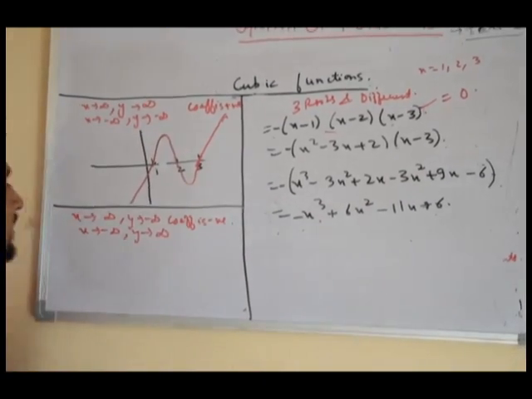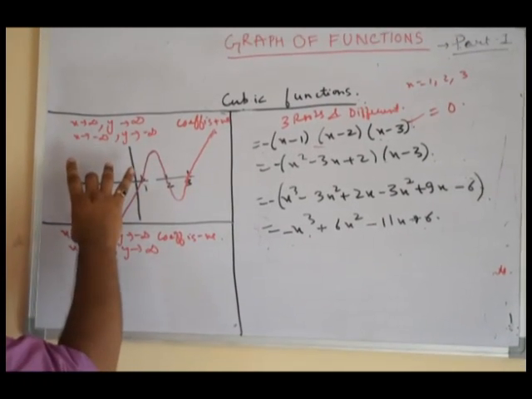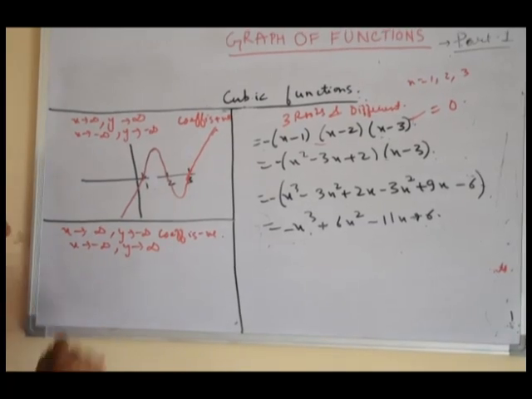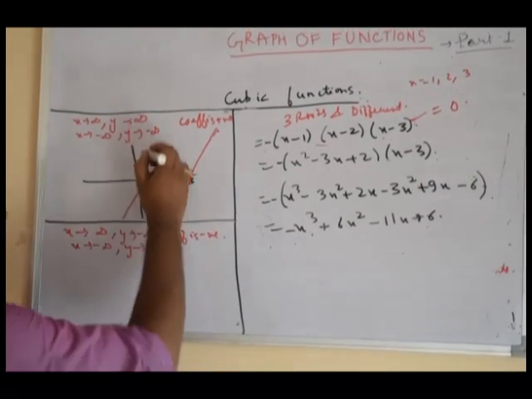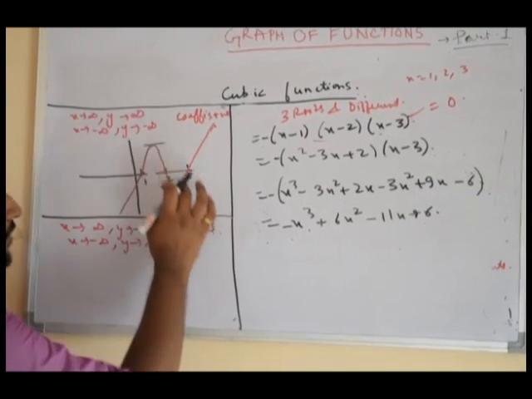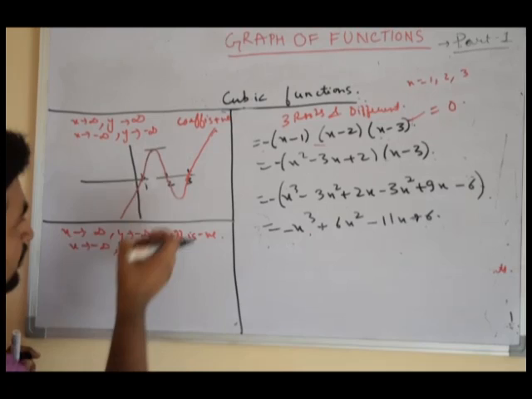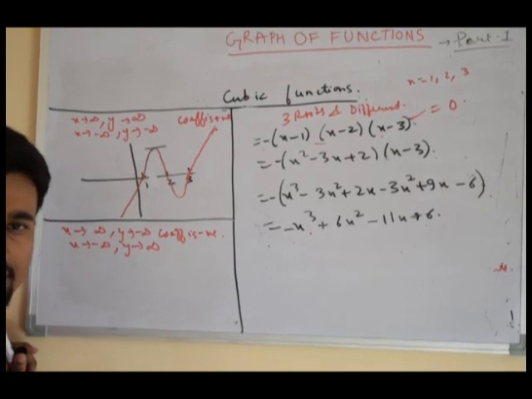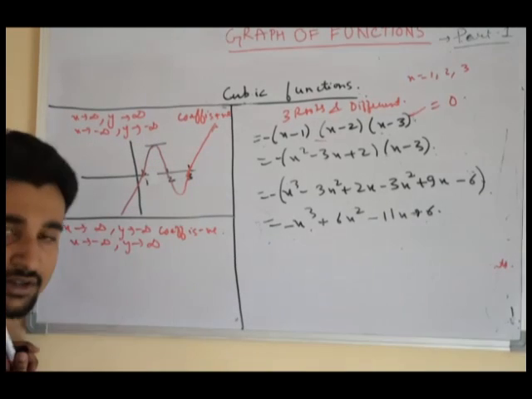So what do you see? The graph is going this way. When x is again minus infinity, y will be negative, minus infinity. So this will be the curvature of the graph. These points are called points of local maxima and local minima. You need not know much about this, just remember the names. This is local maxima. This is local minima.